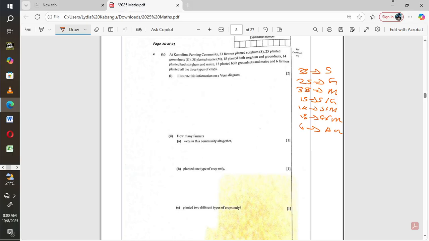Okay, so now how do you present this information on a Venn diagram? Let's try to draw a Venn diagram here. This is the universal set.